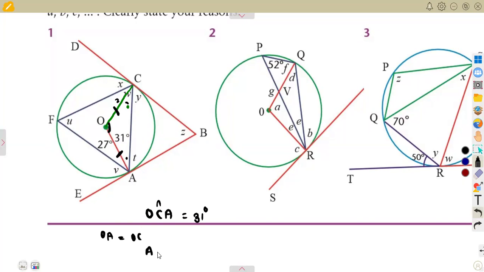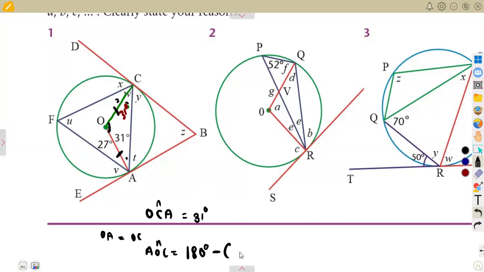Angle AOC is inside the triangle, and we understand that angles inside a triangle add up to 180 degrees.